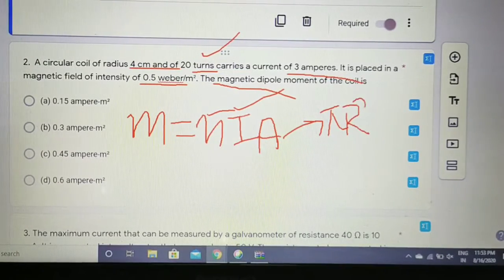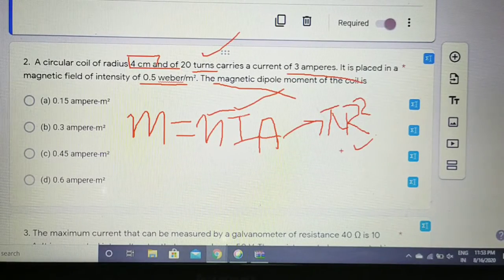The value of r given to us is 4 centimeter, which we can convert into meter: it will be 0.04 meter. We put the value of r in pi r square, and put this value of area in the formula for magnetic dipole moment.